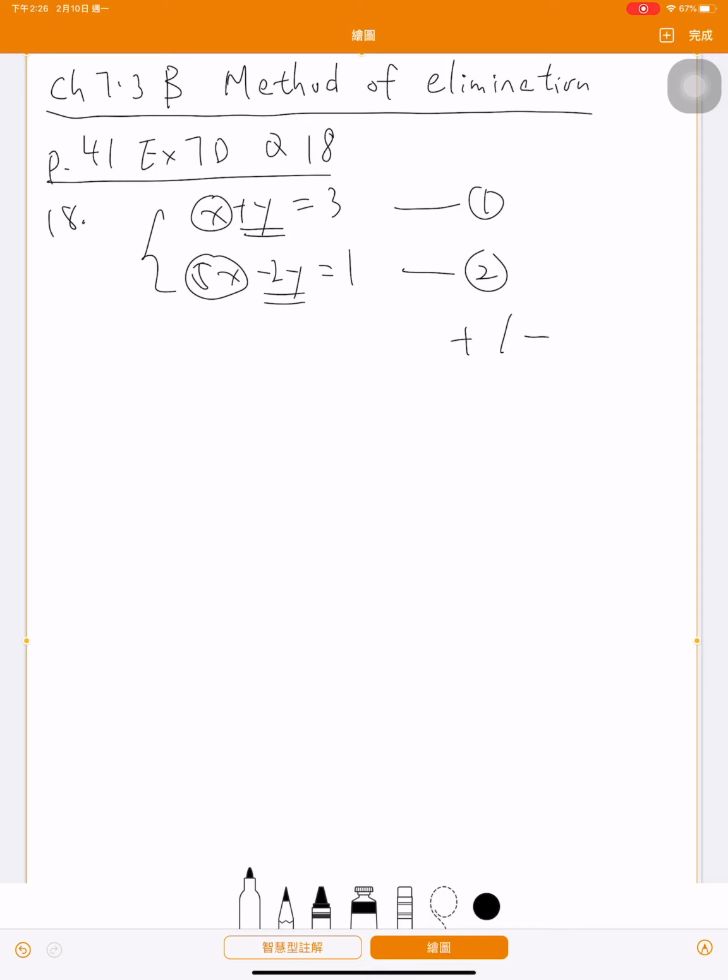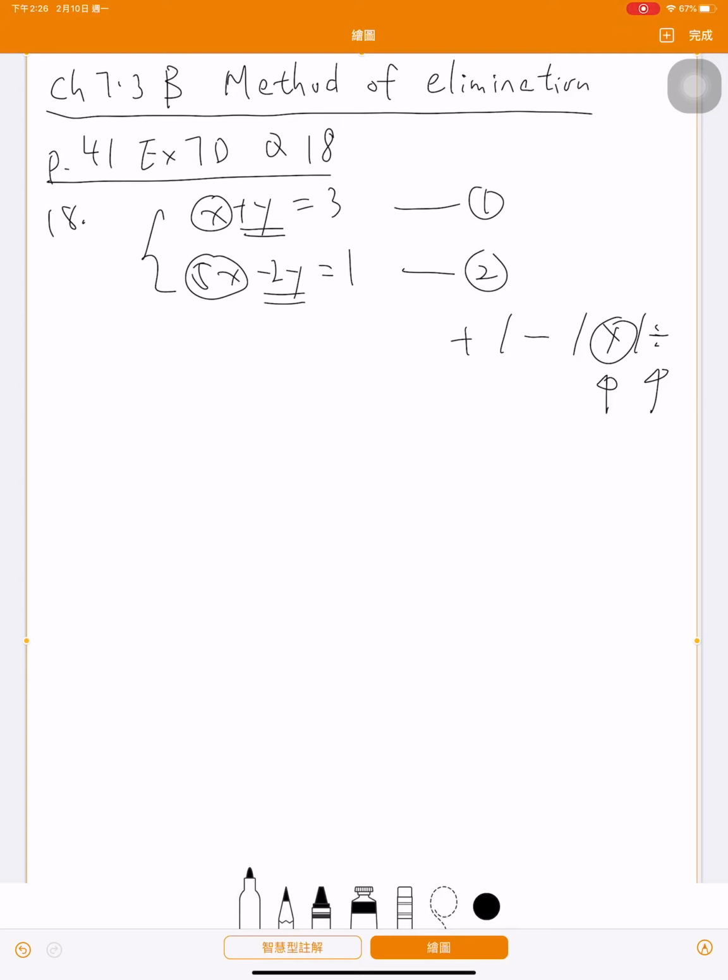So I'm going to teach you how we can do this kind of simultaneous equation by using elimination. We can use multiplication or division. Usually we use multiplication, because this one is easier, right?